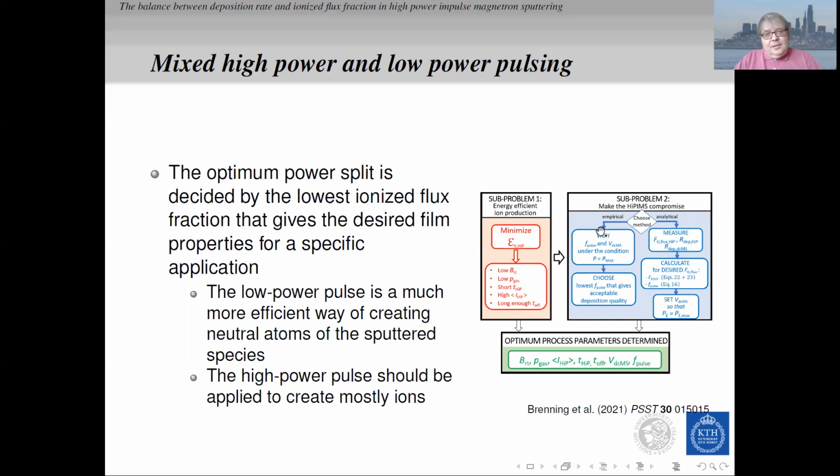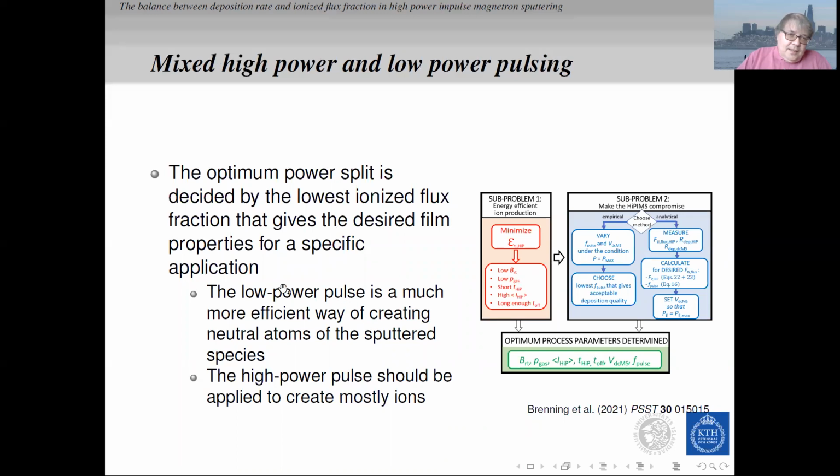And this we can either do empirically by choosing a certain quality of the film we need, and then split the power accordingly between creating ions and creating neutrals to optimize our process.